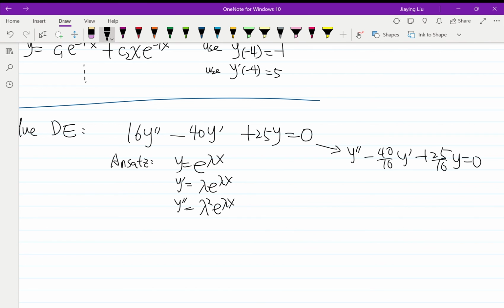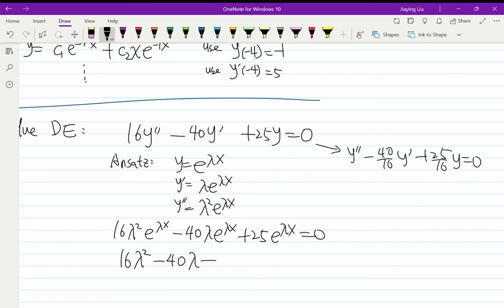So if you put them into the original differential equation, you get 16 lambda squared e to the lambda x minus 40 lambda e to the lambda x plus 25 e to the lambda x equals 0. So the characteristic equation is going to be 16 lambda squared minus 40 lambda plus 25 equals 0.